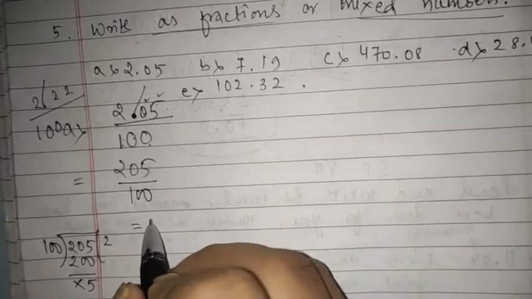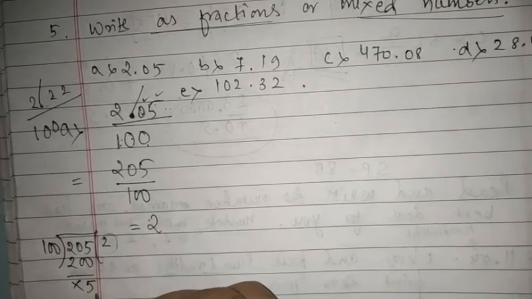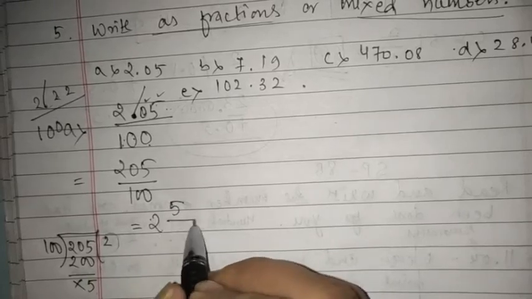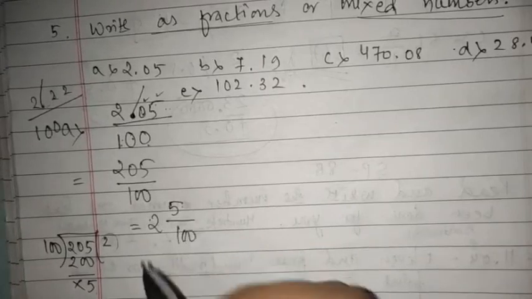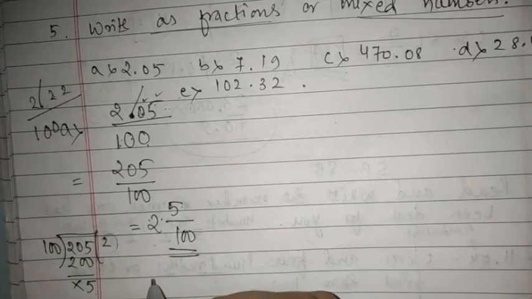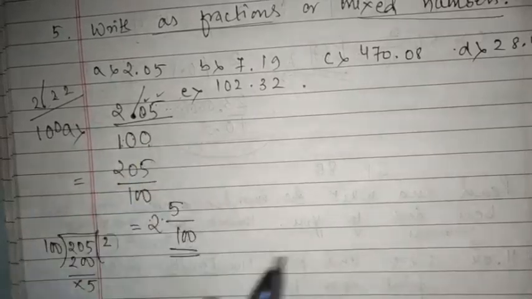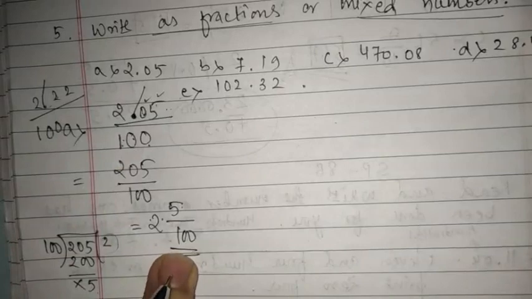If you want to write this number in mixed fraction form, the quotient should be written first, then the remainder will be written as the numerator, and 100 will be the denominator. So this is a mixed number. This is the fractional form and this is the mixed number.